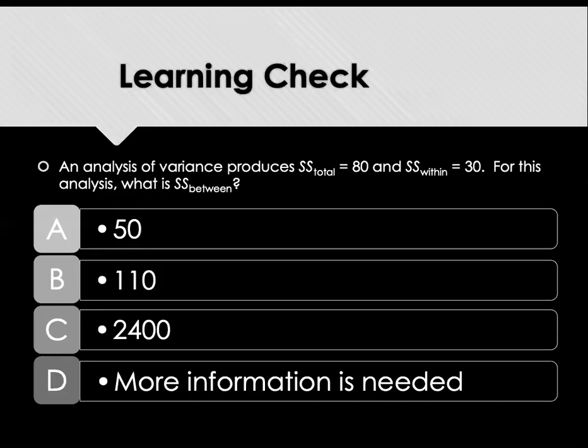Okay, learning check. An ANOVA produces sum of squares total of 80 and sum of squares within 30. For this analysis, what would the sum of squares between be? Is it one of those, or is more information needed? I'll give you just a second to try to answer that on your own.